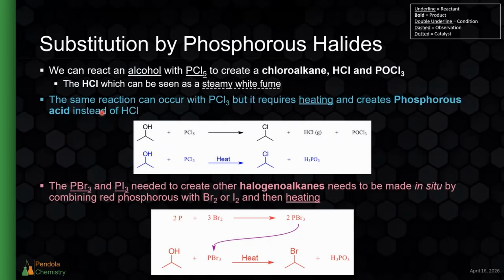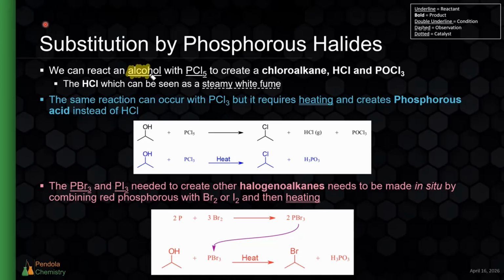The third is the reaction with PCl5, and the fourth is a reaction with PCl3. We can also make a chloroalkane by reacting an alcohol with PCl5.